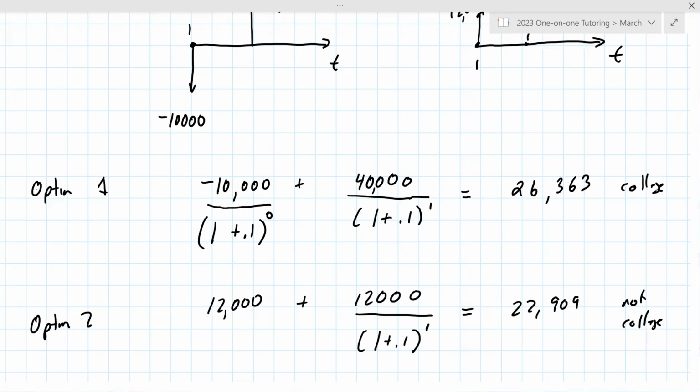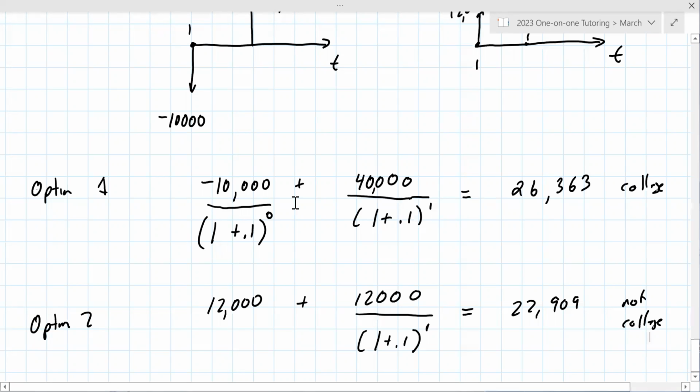So you take the 12,000, which is what you're getting, meaning not a negative.